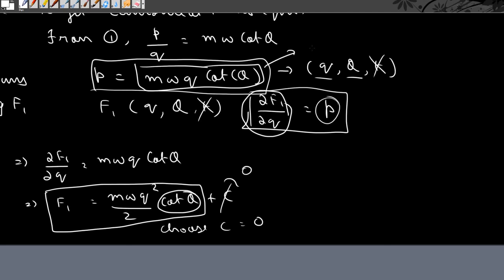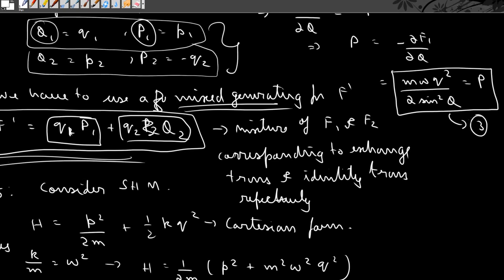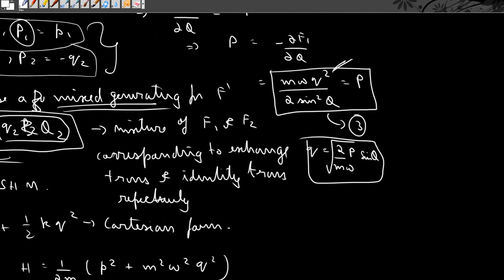So if I number this equation as equation number 2 and this as equation number 3, then from here we can say that our q will be equal to root of 2P by m omega times sine Q. Okay, that is basically from this equation.